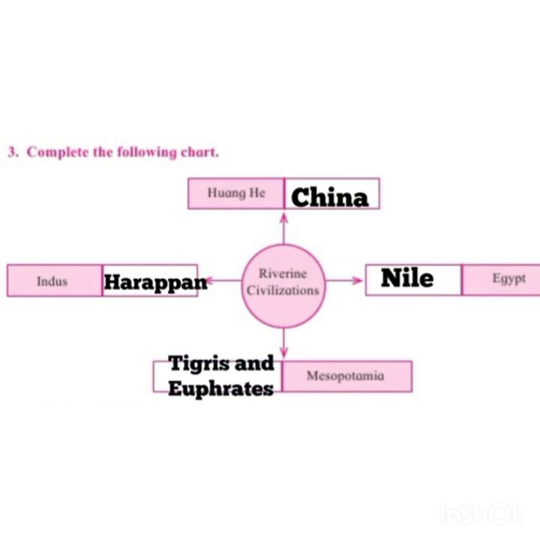So China is the answer. Egypt is a civilization, and on which river bank did it flourish? The river Nile. So Nile is the answer. Mesopotamia, the rivers Tigris and Euphrates. And Indus. Indus is the name of the river, and there the Harappan civilization flourished. So Harappan is the answer.